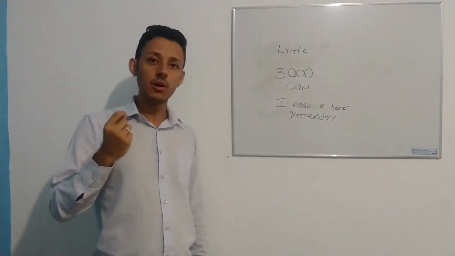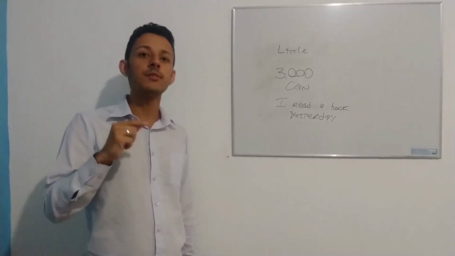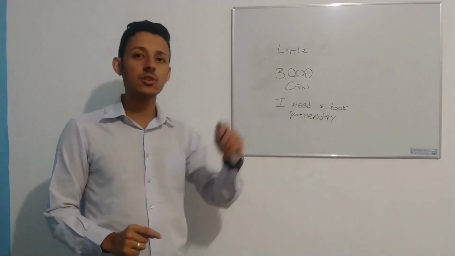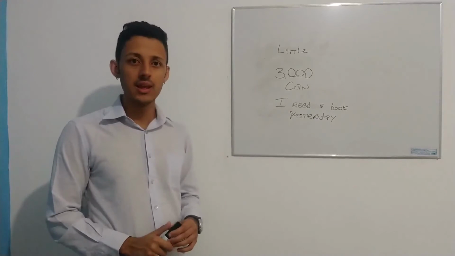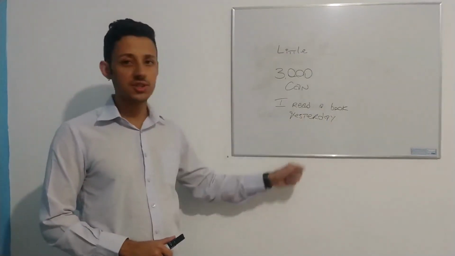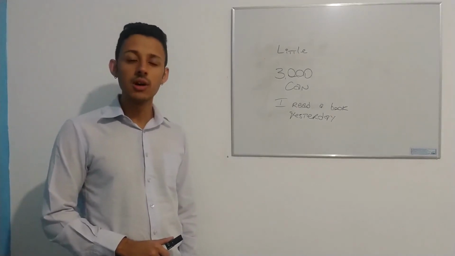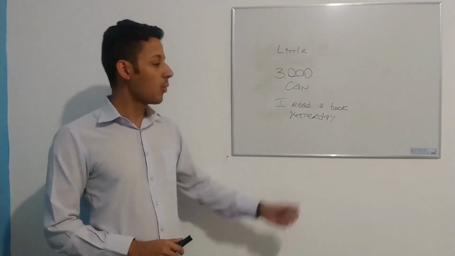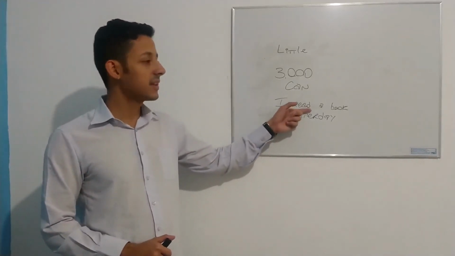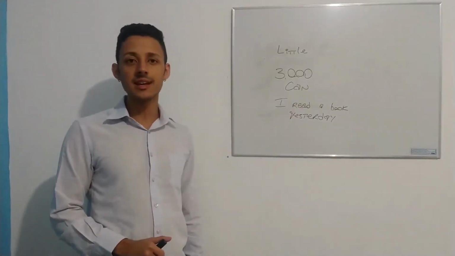So, if you don't know English, it will be very difficult for you to read this phrase correctly. This phrase is, "I read a book yesterday." So, if you do not know what is "yesterday," you cannot know that this is "red" instead of "reed."